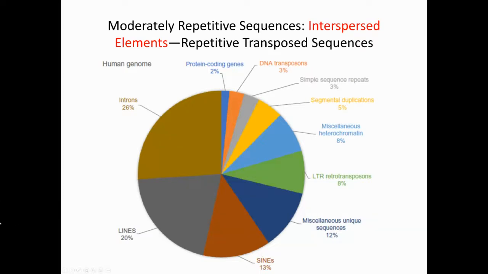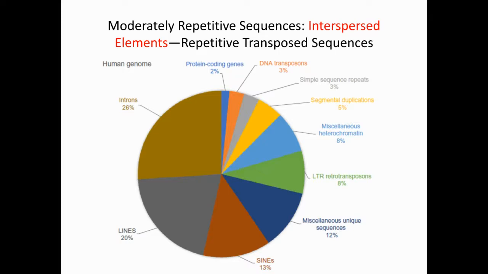And the other group we call the long interspersed element, LINE. So this is the short interspersed element, and this is the long interspersed element. They represent a longer category of the repetitive transposable DNA sequences.